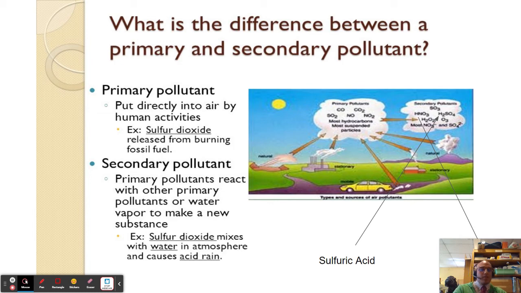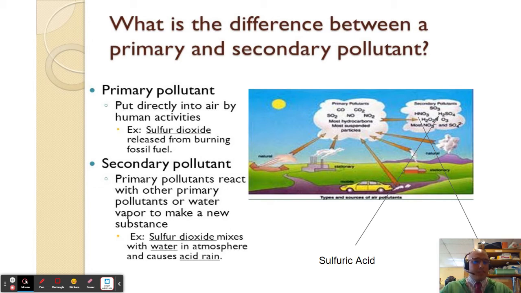Now, what is the difference with secondary pollutants? Secondary pollutants are formed by two primary pollutants coming together, or basically they form in the environment. So some change has to occur. Primary is made straight up, and secondary pollutants are usually made by the combination of two primaries or some type of chemical reaction later down the road to make that secondary pollutant.